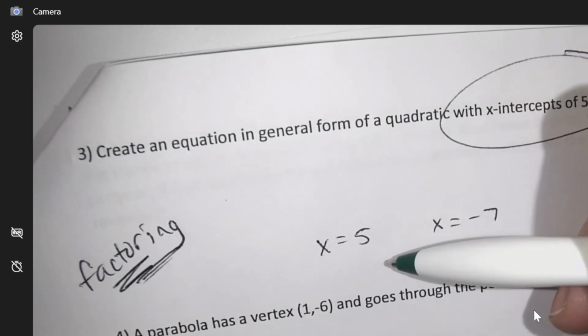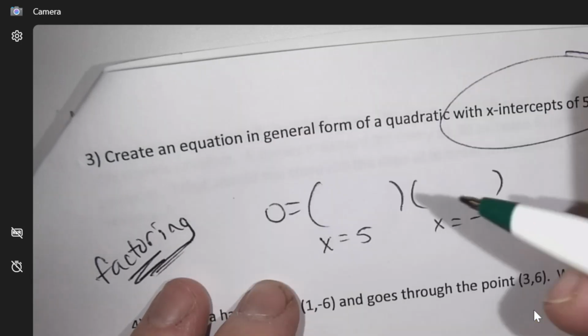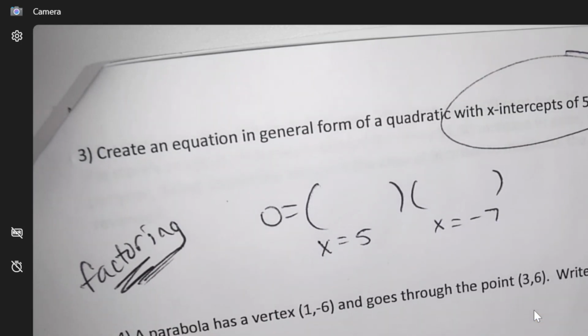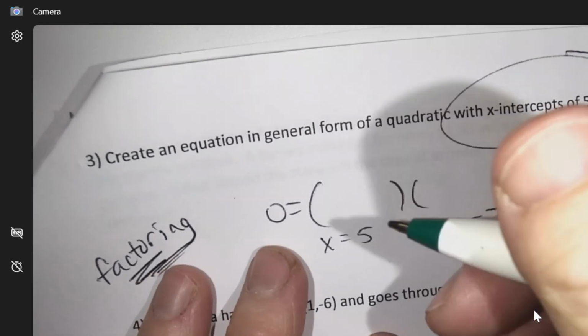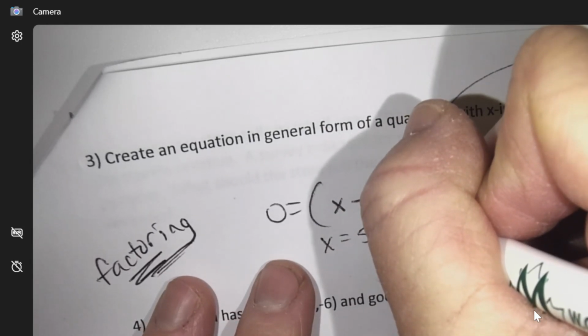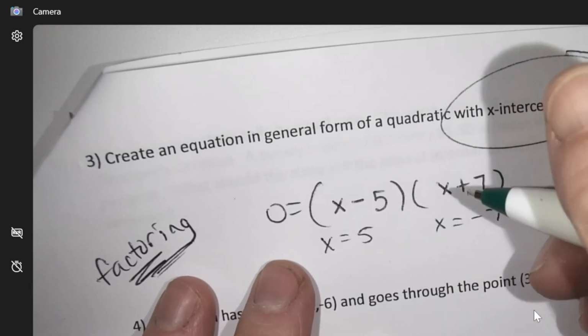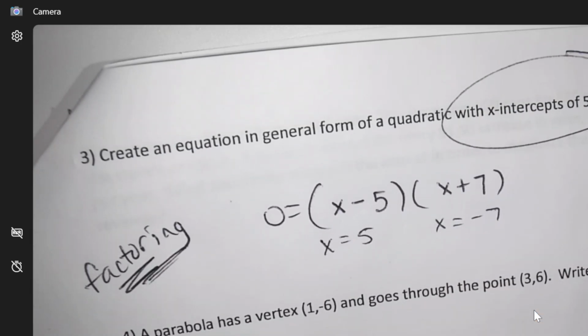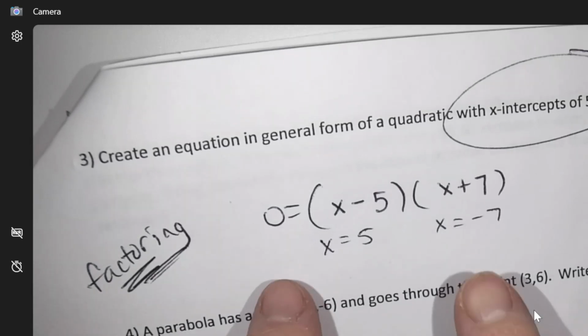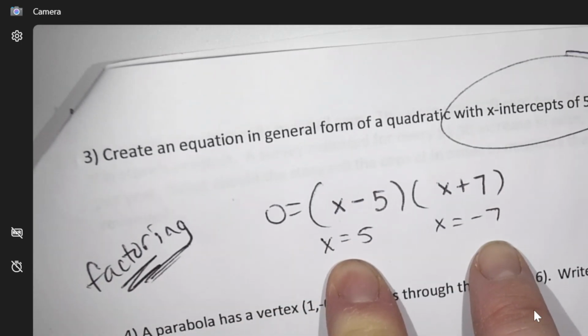So they did something and they got this. So what would they have had in their factor line? x subtract 5 and x plus 7. Those are the factors that would have produced those x-intercepts.